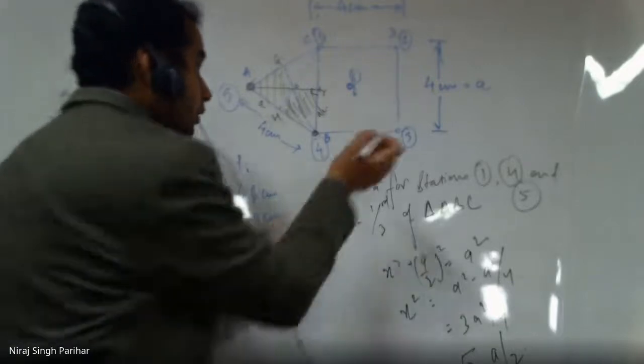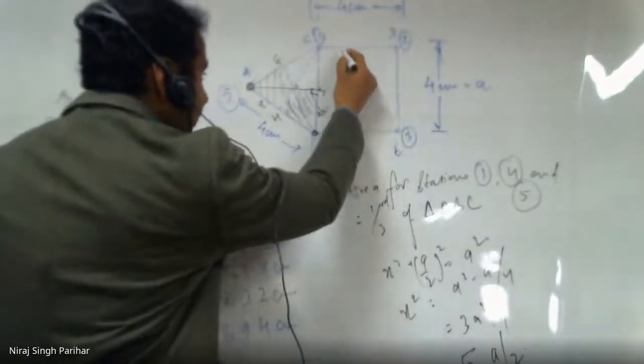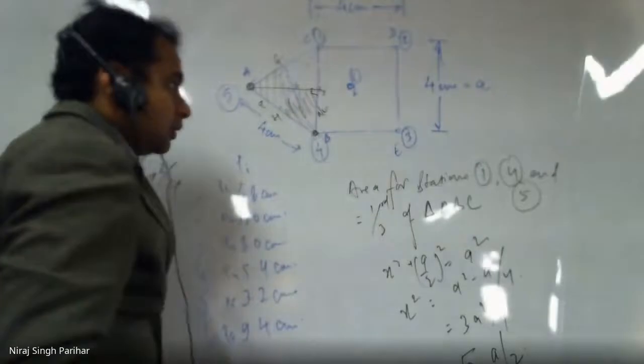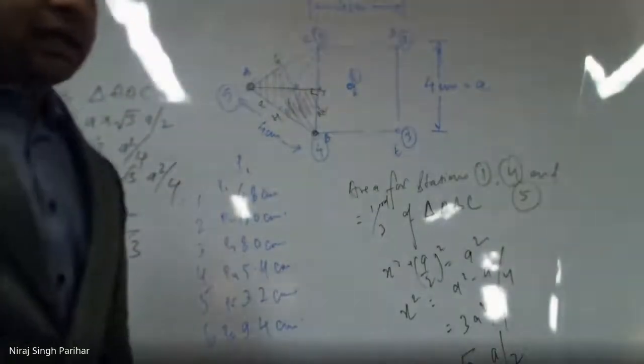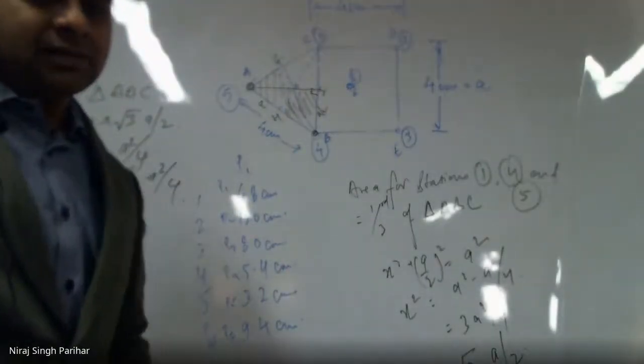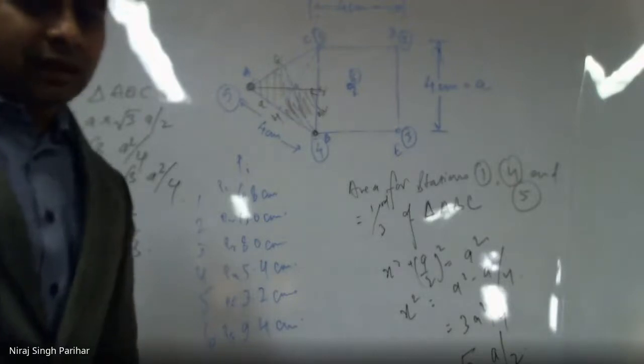So what we'll do? There are n number of methods. I'll tell you one method. Always remember, just try to divide the area symmetrically as far as possible. That will be easy for calculations also, right?